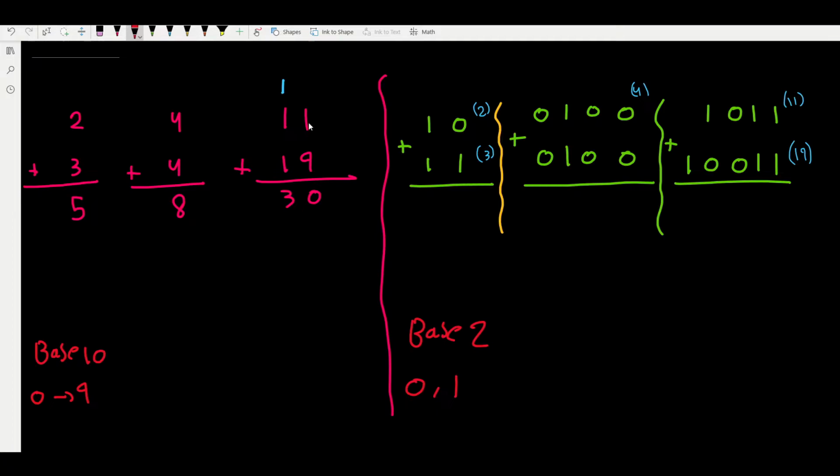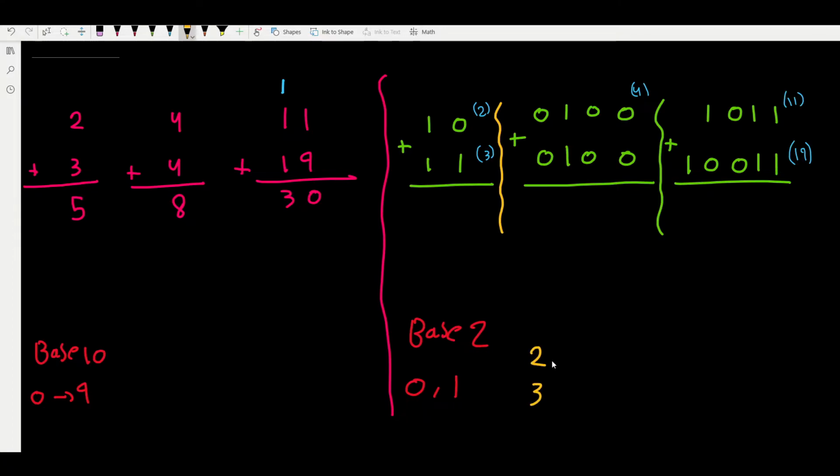The idea is that if we add two numbers and the result is larger than the biggest number in the base, we will have a carry over. Same thing here. If we add two numbers and the result is greater than 1, we will have a carry over. That's why in base 2, it's always good to keep in mind these two numbers, 2 and 3.